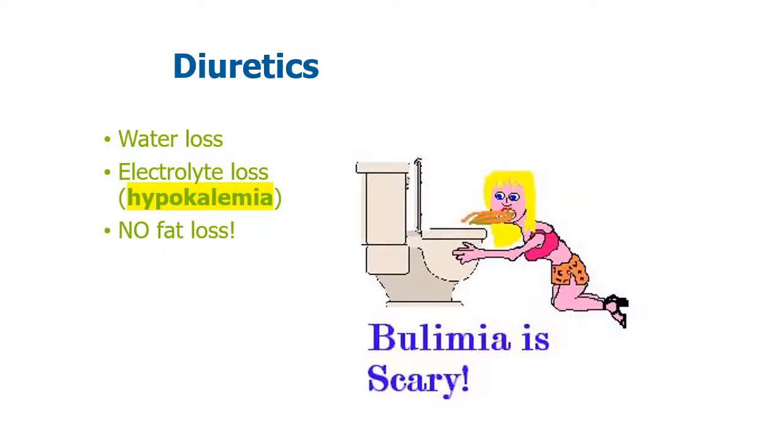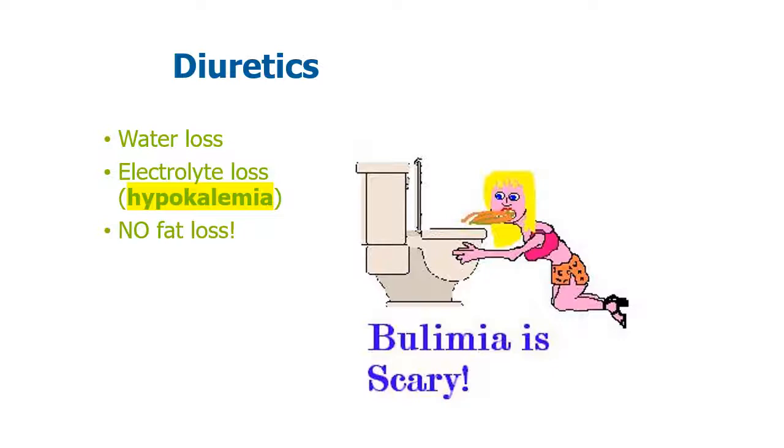Now, the third method is going to be through the urine or diuresis, and that is utilized via diuretics. So diuretics function by helping you urinate or lose water through the urine. But what happens is these individuals retain all the fat, so they're still gaining weight, and they also lose a lot of the electrolytes. Most importantly, it's going to be the hypokalemia that can develop.